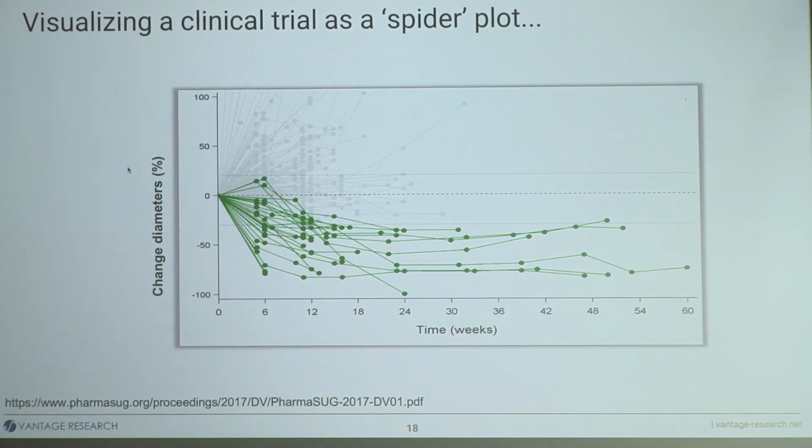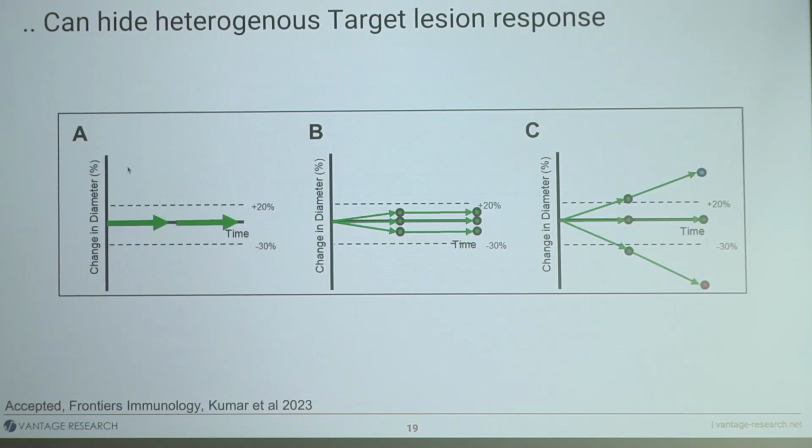As we were digging into the data at Merck, we realized that very confusing things can happen, and this can really come back to the lesion to lesion variability. Each of those lines, if you think of it as the change in diameter, here's a patient. This is all very polite, you think this is what is happening.